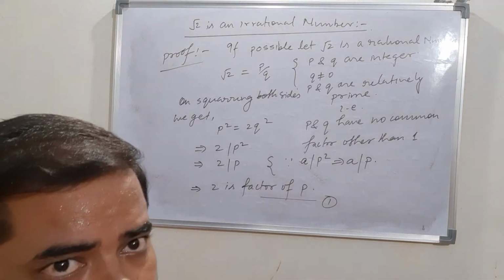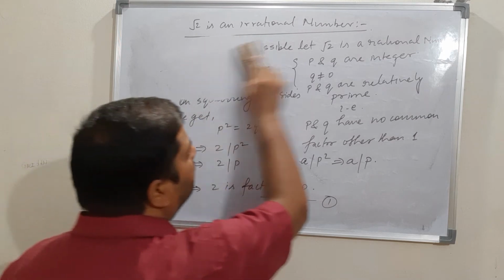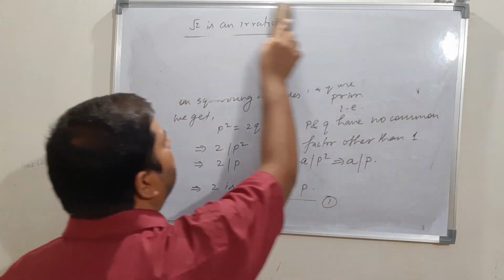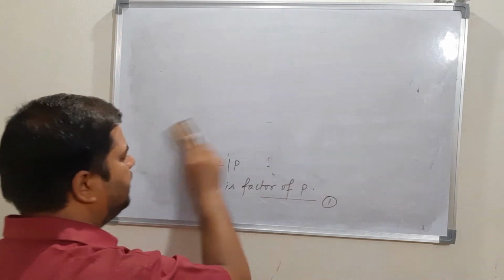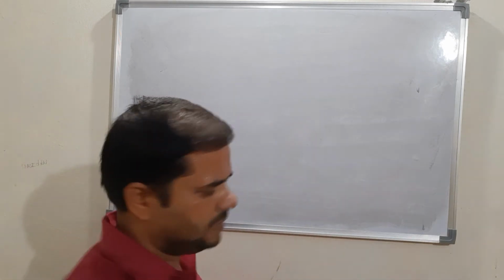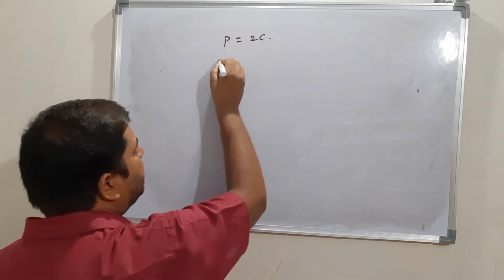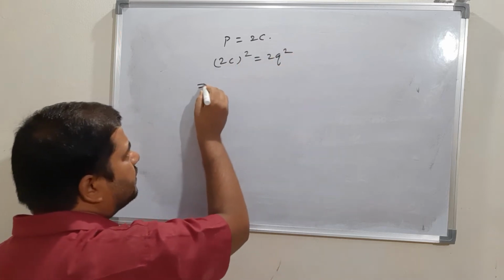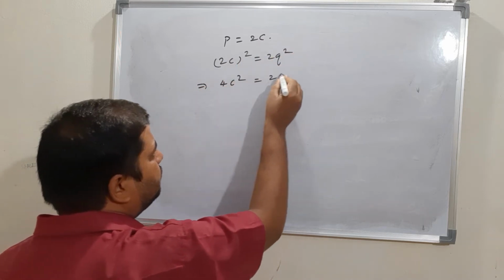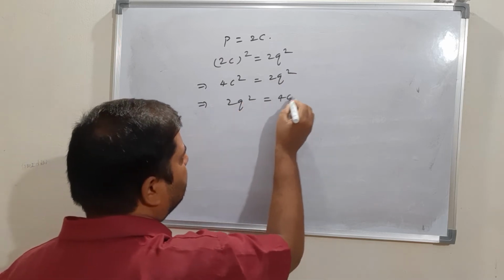Now let us consider p is equal to 2c. Then 2c square is equal to 2q square, and this implies 4c square is equal to 2q square, and this implies 2q square is equal to 4c square.